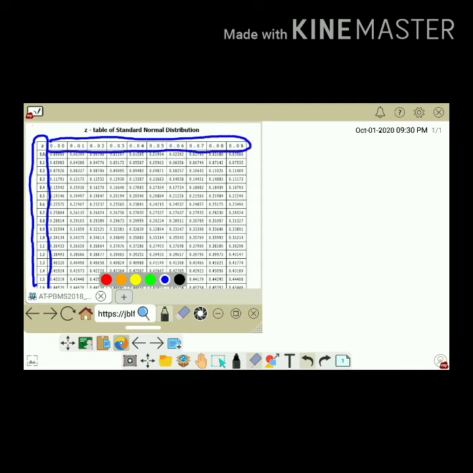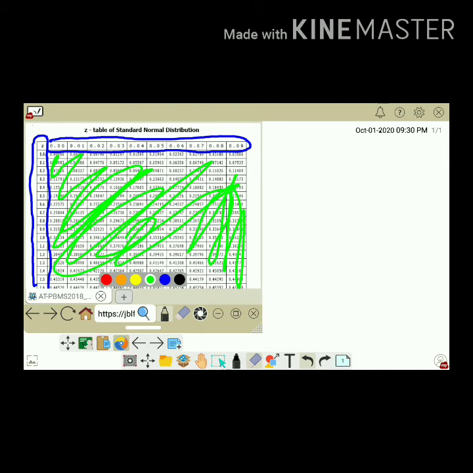The rest of the table, the values located inside, are what we call the areas, the probabilities, the percentage, or the proportion. Again, these four words are used interchangeably. So these values inside, except the leftmost part and the topmost part, are your areas.